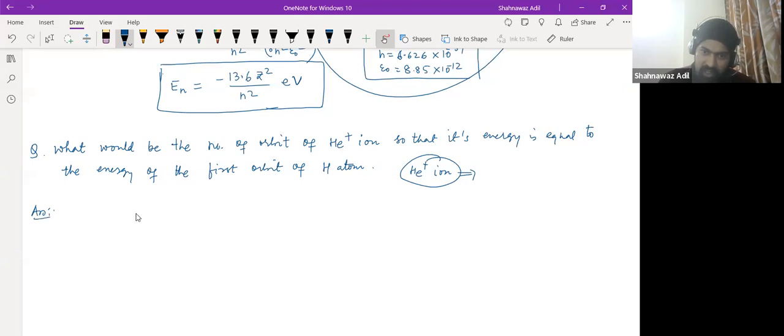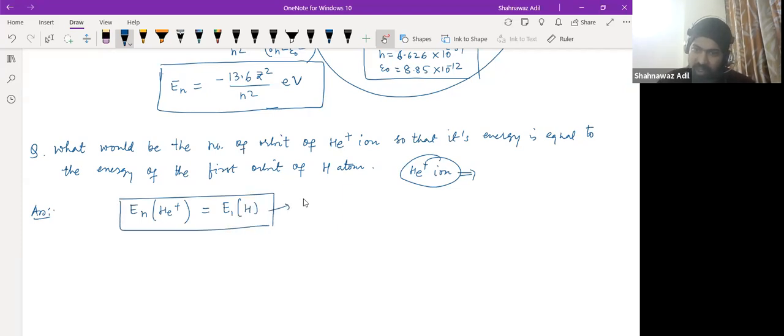It is given that the nth orbit of the helium plus ion is equal to the first orbit of hydrogen, and you have to figure out what would be the number of orbit n of this helium ion. This is the question, right?